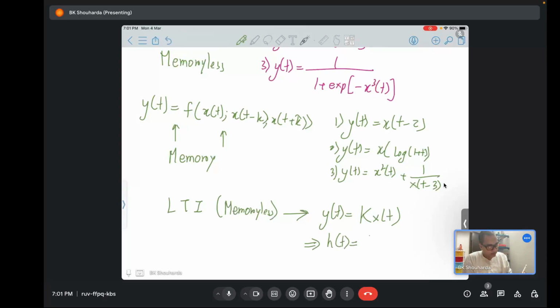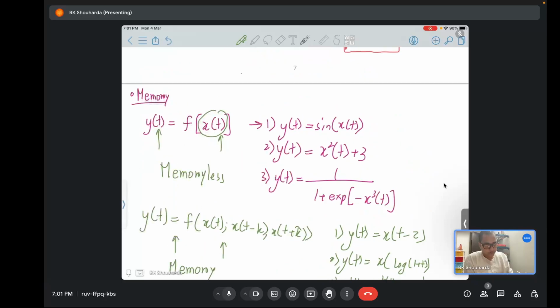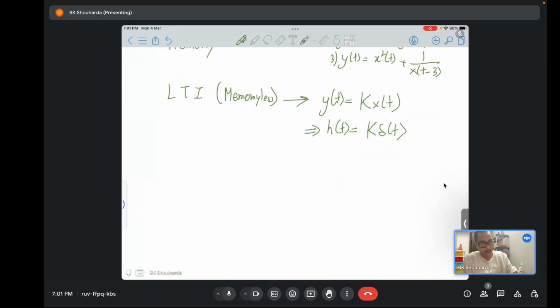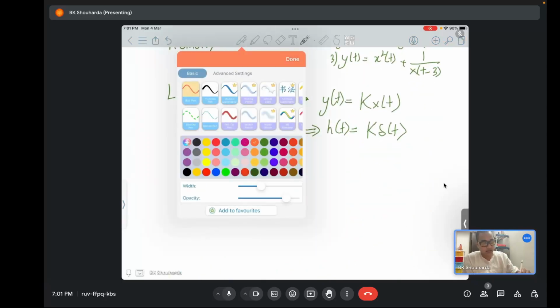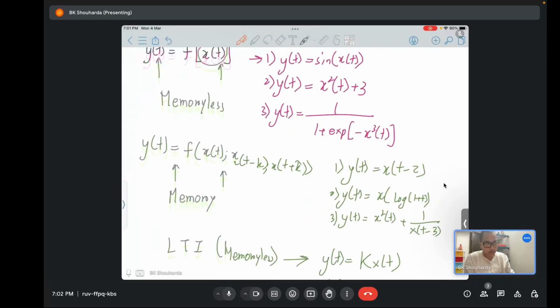It's simply k delta t, a scaled version of the Dirac delta function at the origin. It can't be anywhere else, otherwise that will suggest a delay, a memory. So it's very easy to identify systems with or without memory just by looking at the form.